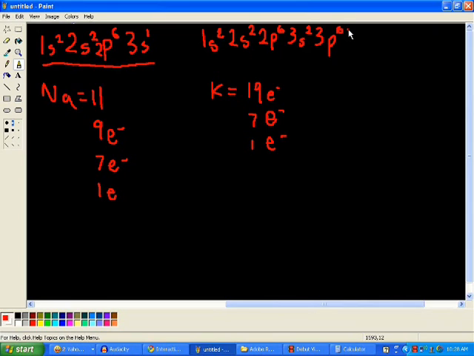So in this case we would go to 4s1, because we would only have 1 more electron to place. And that would fill all of the 19 electrons. We have 2, 4, 10, 12, 18, 19. Okay? And that's how we identify exactly in which subshell and shell every electron in any given atom of an element is.